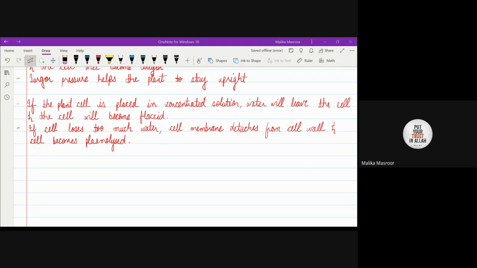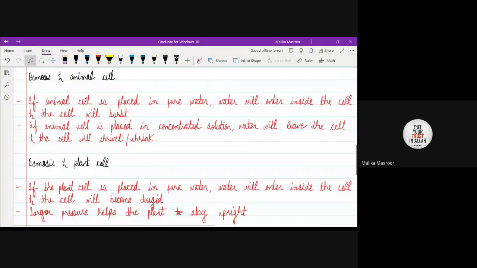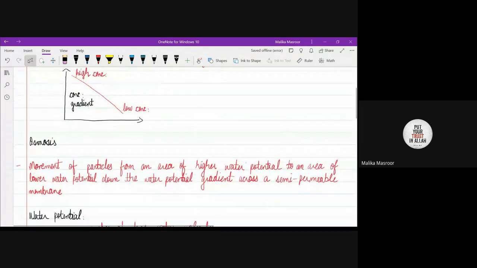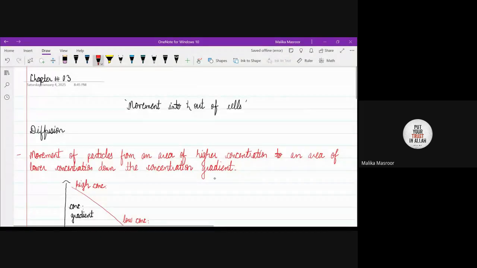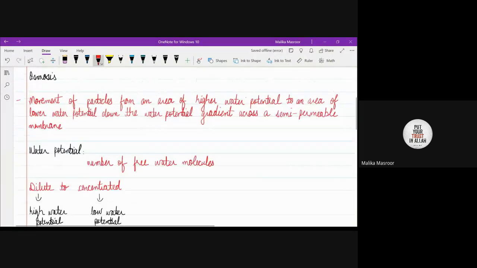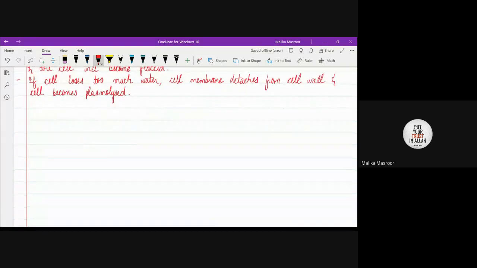The last way of moving substances is active transport. In that, your particles move against the concentration gradient. Active transport requires energy because the particles are moving against the concentration gradient.